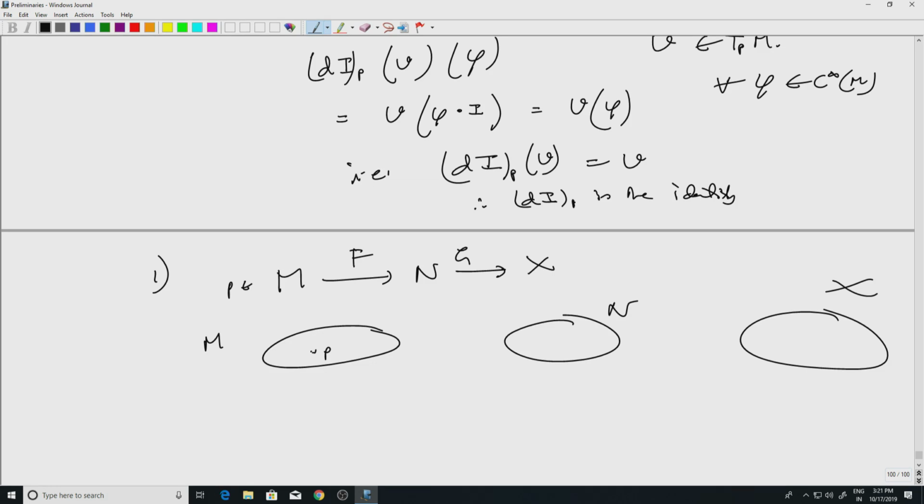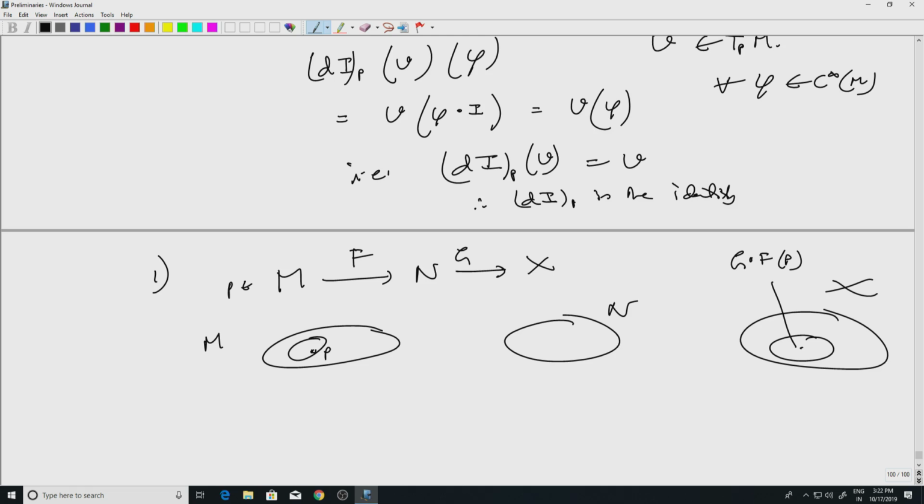According to our definition of smooth maps, smoothness amounts to saying that if I start with a point P, to say that G composed with F is smooth, I'll have to construct a chart around P and a chart around this point here, which is G composed with F of P. So I need a chart here and a chart here so that the map G composed with F in these local charts should be smooth as a map between open sets in Euclidean space.